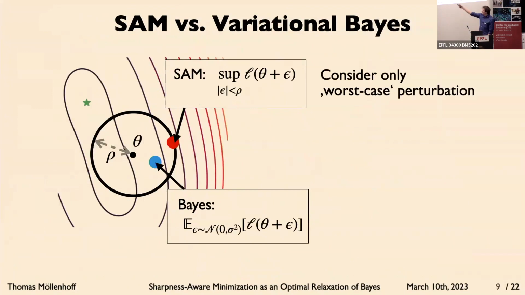It's a very good comment. Actually, we were surprised also why this method works so much better than this one, because this is actually a lower bound. So this should be more faithful to the true Bayesian objective, but in practice it works worse. As you said, this could be because here, if we want to optimize this objective, we have to solve a very high dimensional integral. High dimensional integration suffers from the curse of dimensionality, and this could be seen as some kind of very cheap way to approximate this.